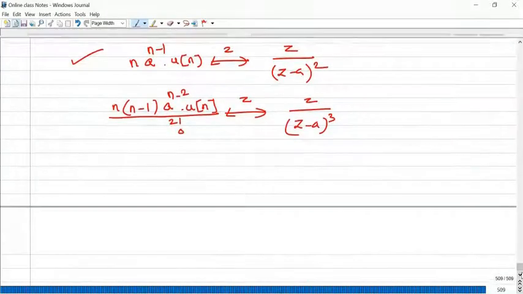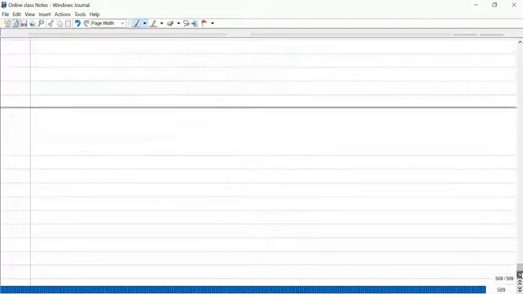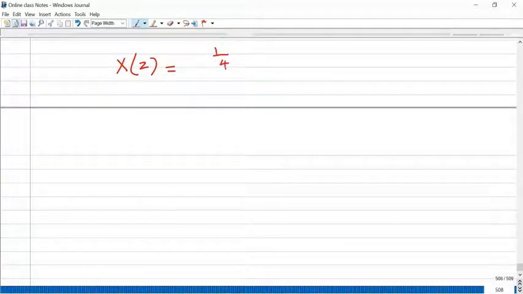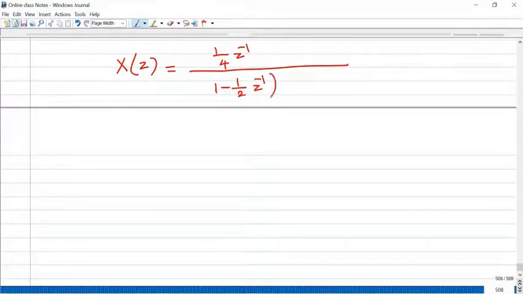So x of z equals 1 by 4 z power minus 1 divided by 1 minus 1 by 2 z power minus 1 times 1 minus 1 by 4 z power minus 1.